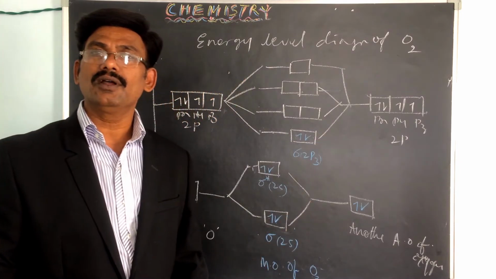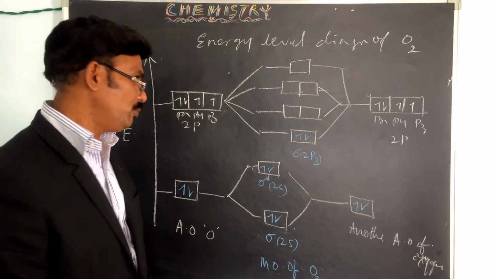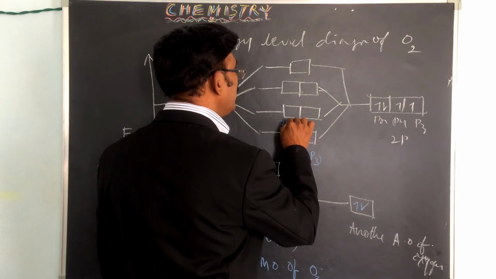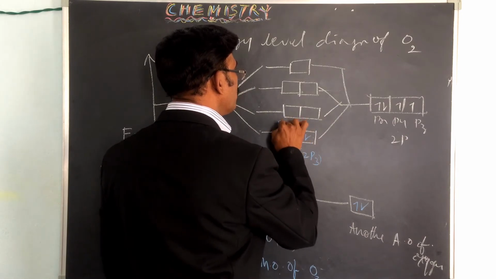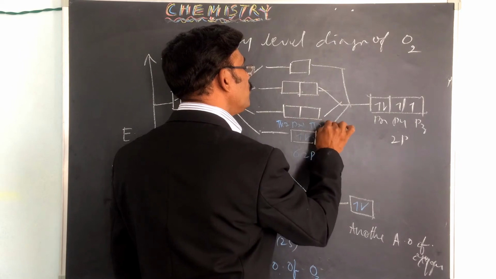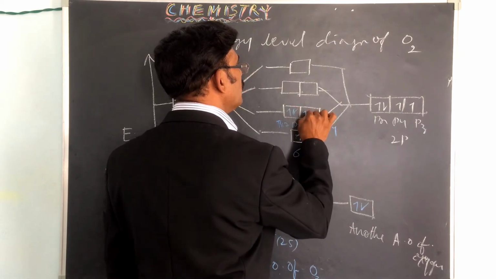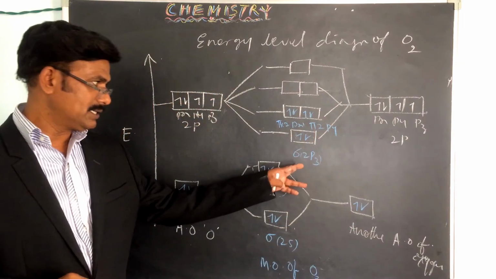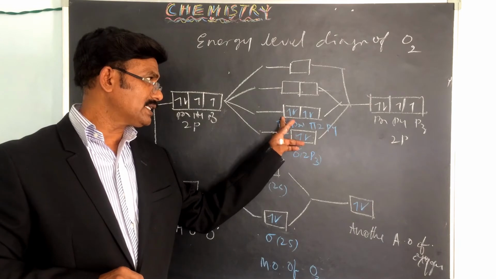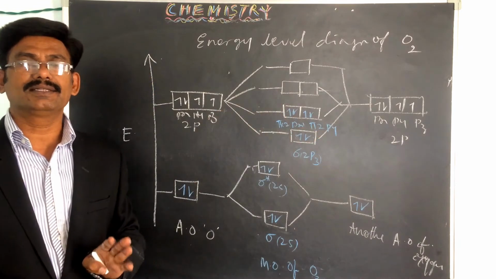Then pi 2px and pi 2py also contain 2 electrons each. Sigma 2pz has 2 electrons, and pi 2px and pi 2py also have 2 electrons each.